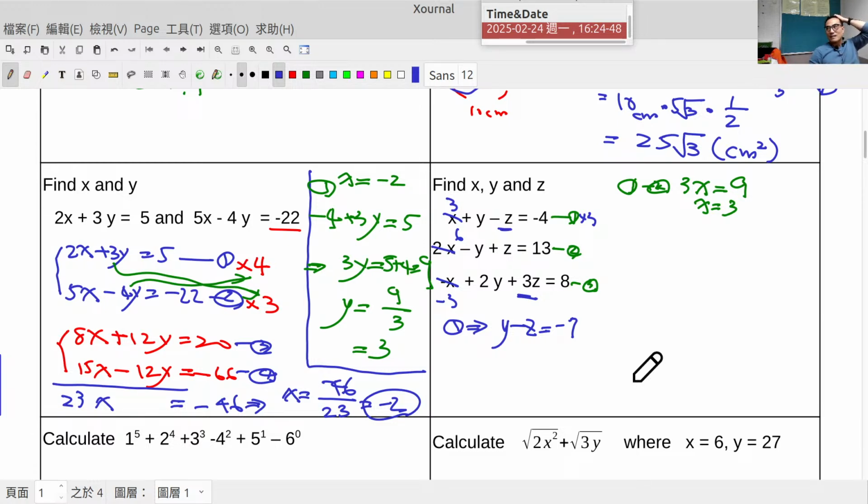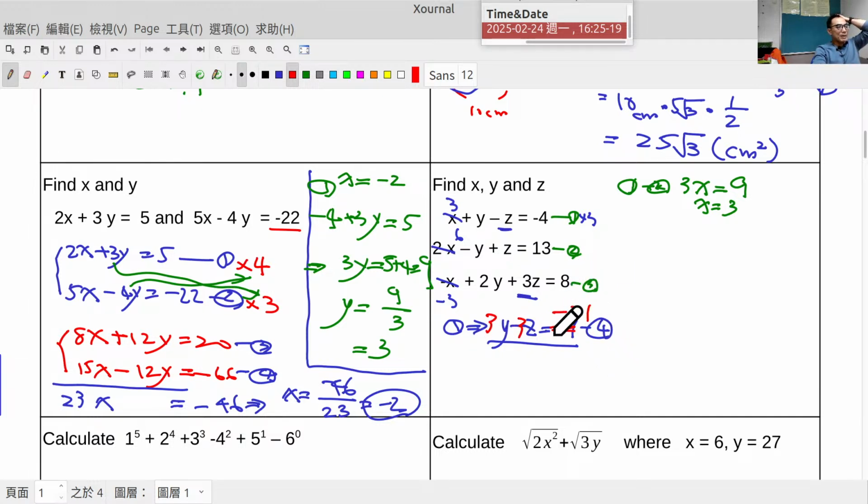Now if this line is equation number 4, I want to combine it to cancel the z in number 3. I can multiply this part by 3, so it becomes minus 21.